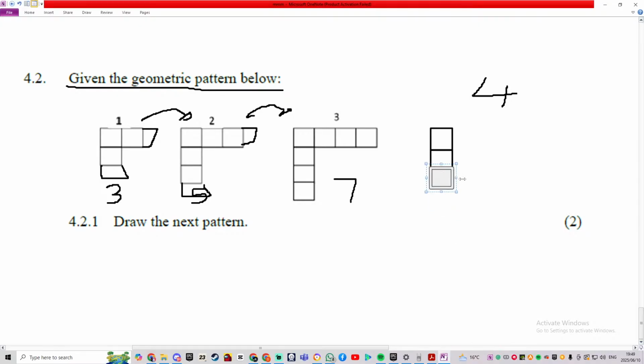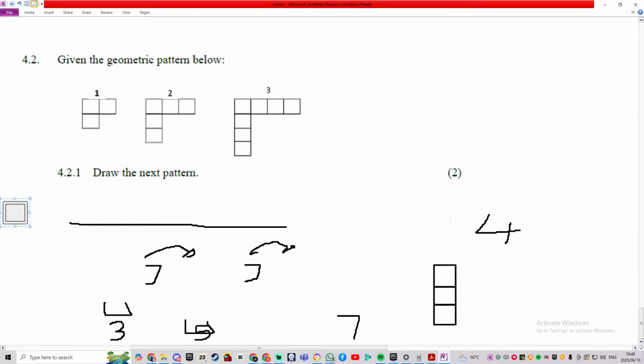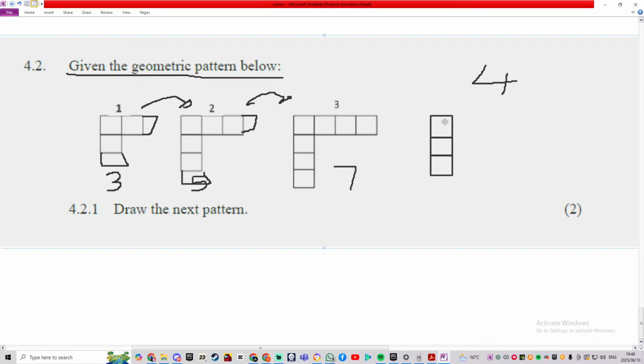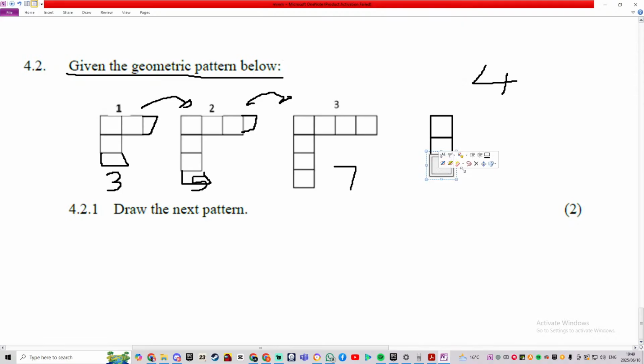You have another block. Yeah, copy and paste. Oh no. Let me just figure this out quickly. Okay, I'm just gonna draw.